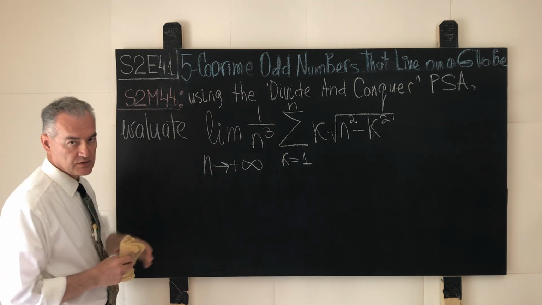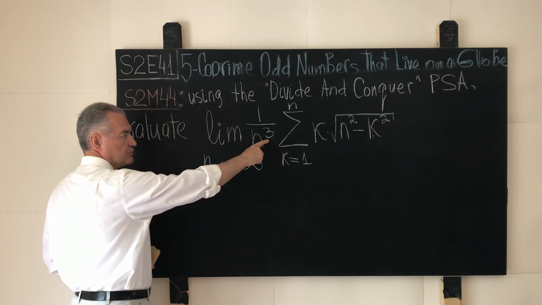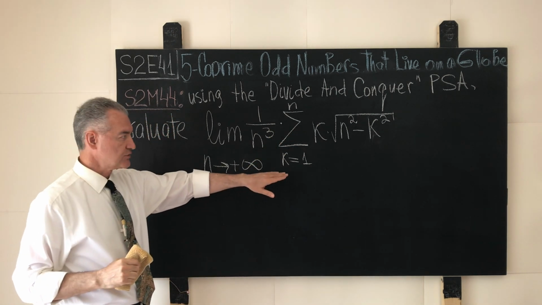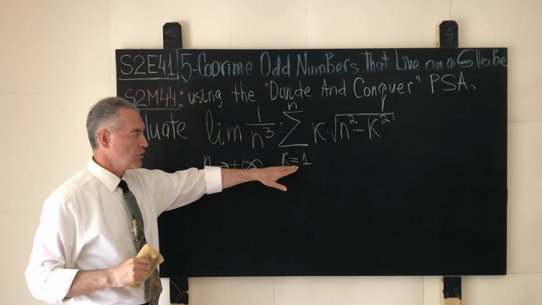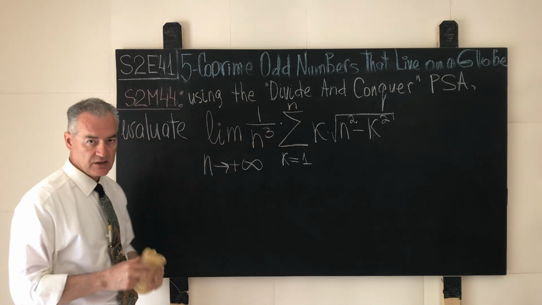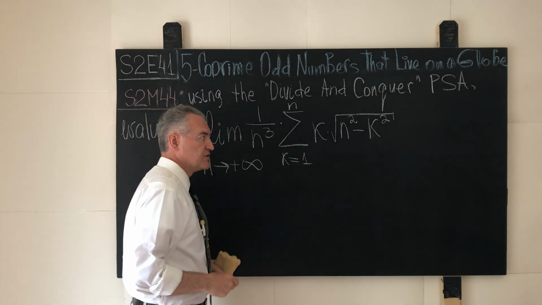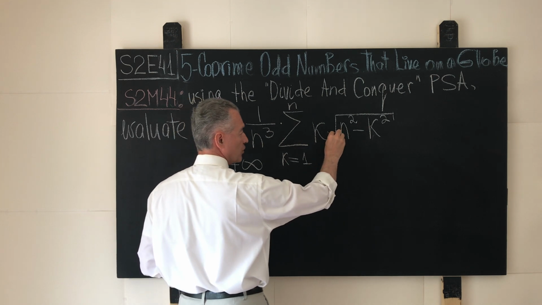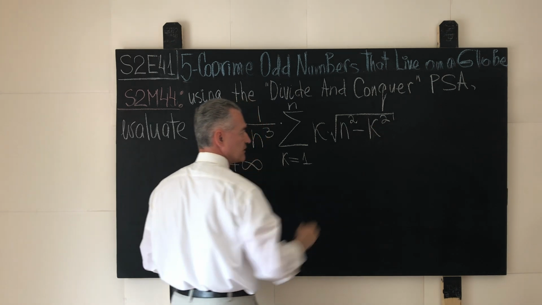And the structure of that limit is the following. 1 over n cubed times the finite sum that runs over the dummy summation variable k, where the values of k change from 1, 2, 3, 4, 5, and so on till n, where n is a whole positive number. And the summand in this case looks as follows: k times the square root of n squared minus k squared.